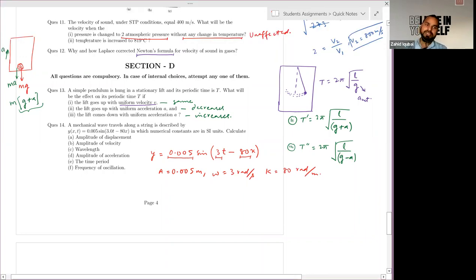We have to calculate first the amplitude of displacement, which is 0.005. So this is your first answer. Next, the amplitude of velocity.